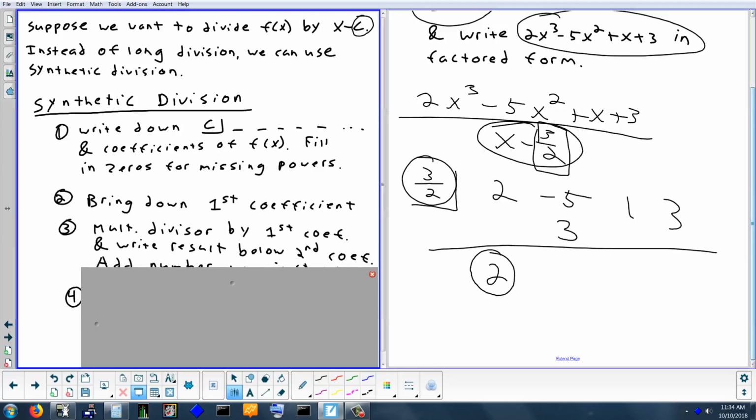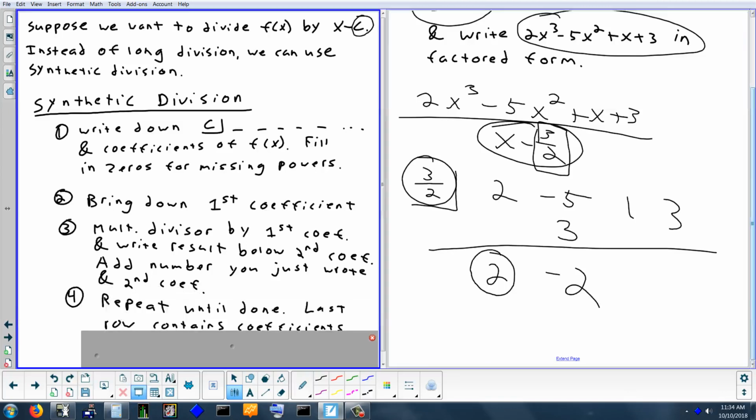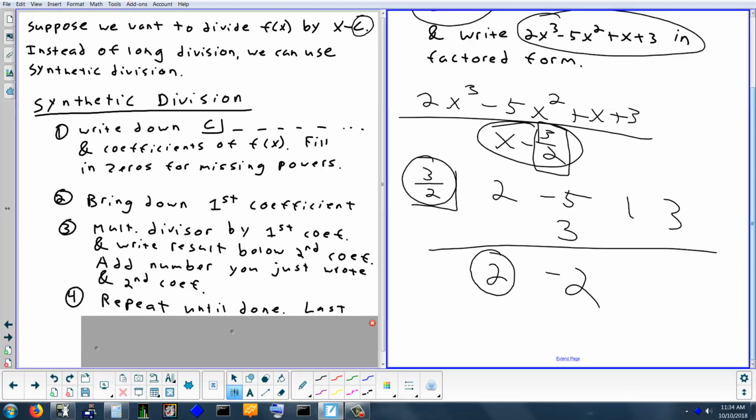So write the result below the second coefficient. And now it says to add the number you just wrote and what's above it. What's -5 plus 3? -2. All right. And now do it again. Multiply the number on the bottom times 3/2.